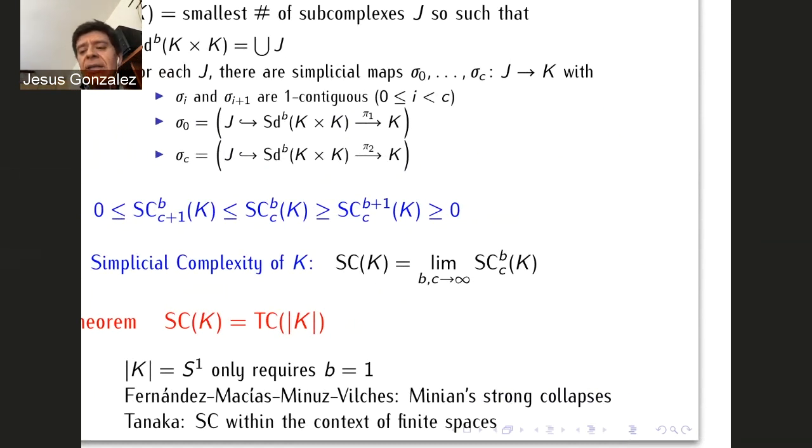And actually, in the original preprint that Tanaka produced, he didn't introduce the subdivision process either, and I still didn't get that their discrete model was fine enough to agree with the topological complexity of Farber.